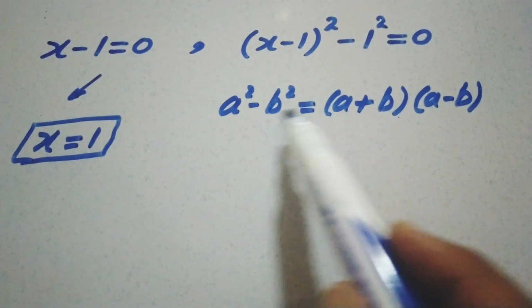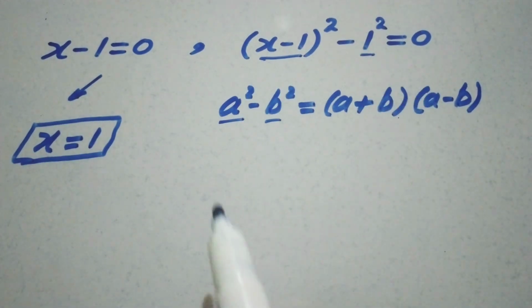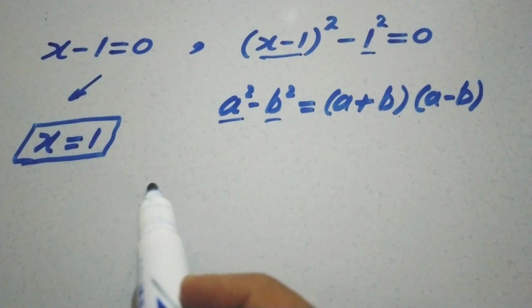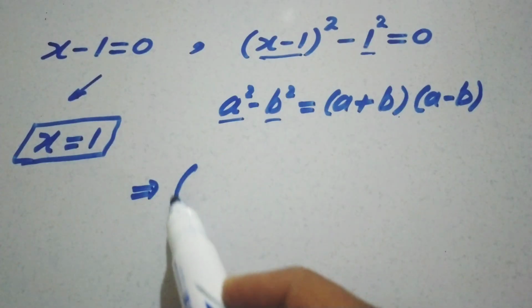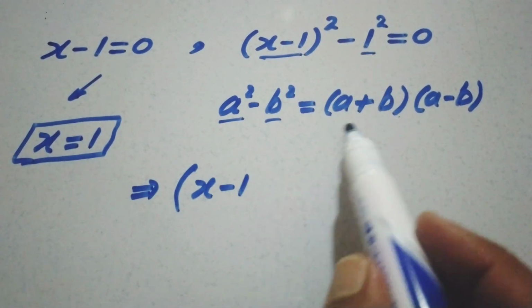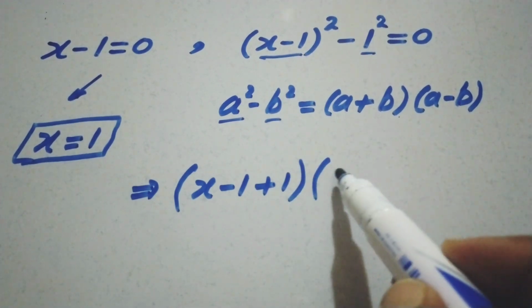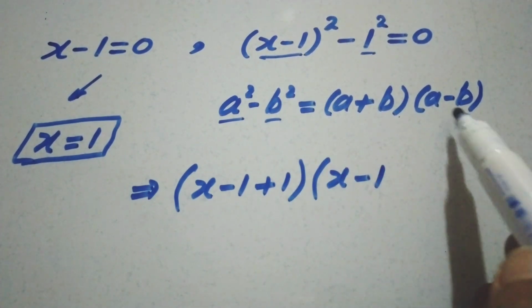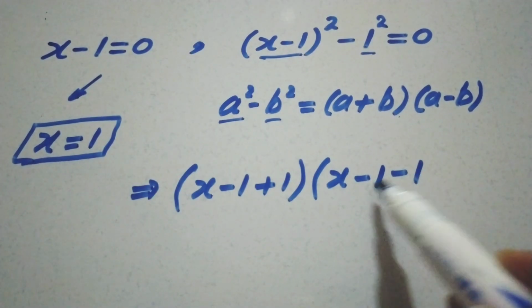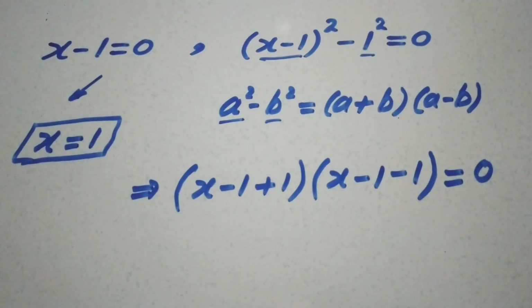So here a is x − 1 and b is 1. So we can write (a + b)(a − b). This will become (x − 1 + 1)(x − 1 − 1) = 0.